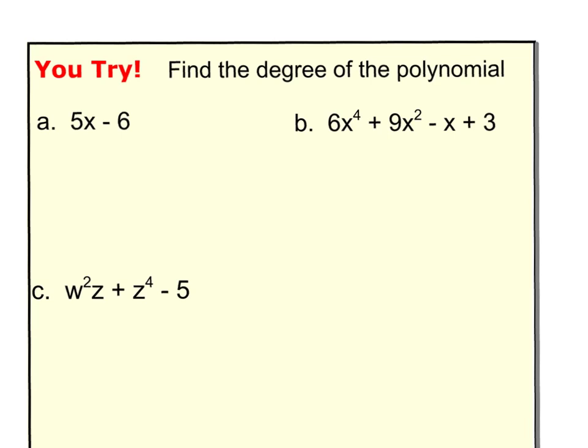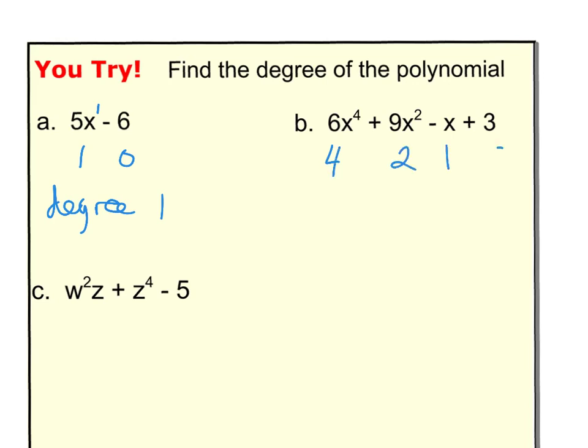All right, here I go. The degree of this guy is 1, right? The highest number there is 1. There's a little 1 right there. The degree of the next one, here we go. 6x to the 4th, that is 4. This degree is 2.